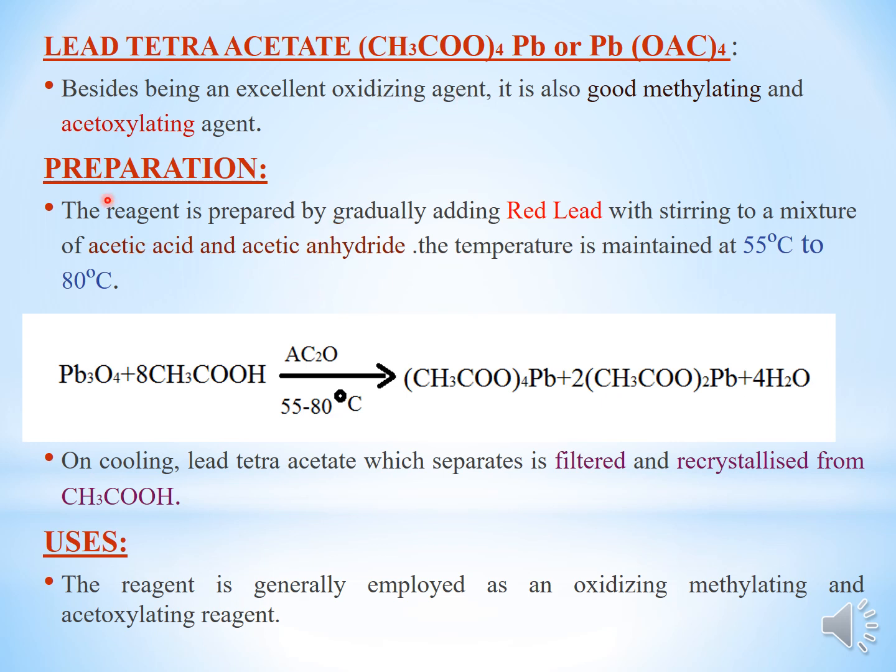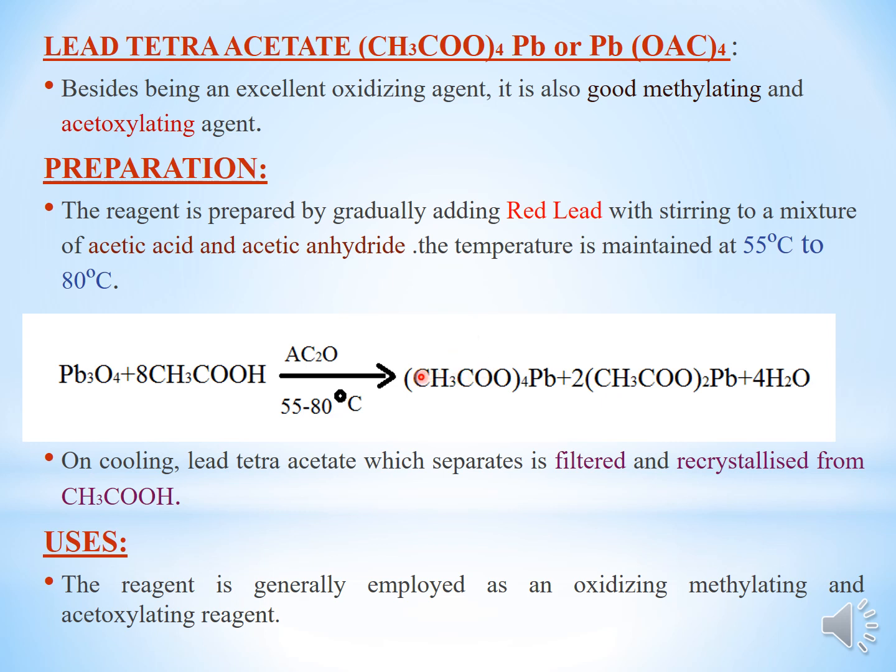Here in the preparation, what we will do is take acetic acid, a mixture of acetic acid and acetic anhydride, right? When we mix both of these solvents, to that solvent we add the red lead. If we mix that at 55 to 80 degrees Celsius, at that temperature it will result in lead tetraacetate.